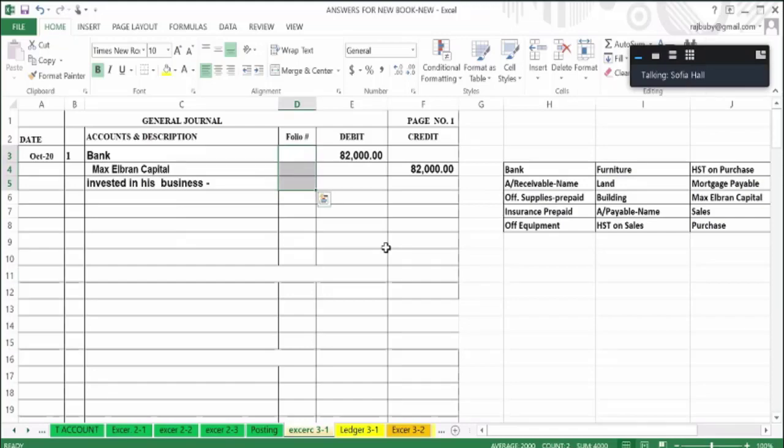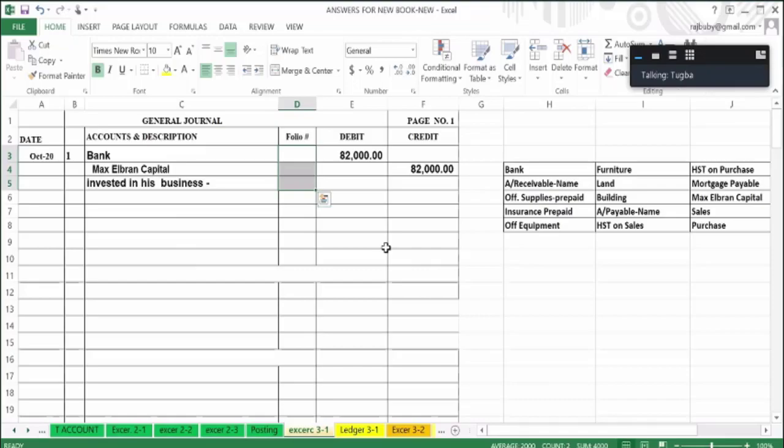Okay. Do you want to write it? Because we are going to use this for posting to the ledger. This transaction we are going to transfer to the ledger. If you write it, it's better to transfer. Can I continue, or does anybody want to continue? You can continue if you want.